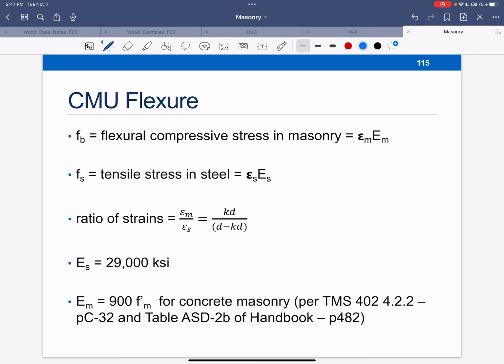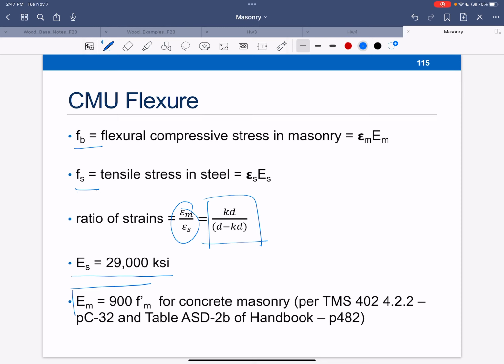Okay, so flexural compressive stress, tensile stress in steel. The ratio of these two strains will come in handy, right? And if I write those out, I will get KD over D minus KD. Modulus of steel is still 29,000 KSI.